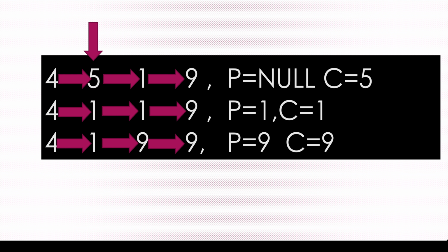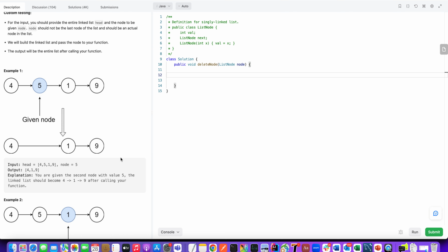So let's move to the code. First of all, I'll take current equal to this node, and then let me also take previous equal to null.